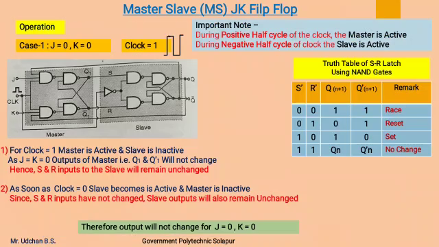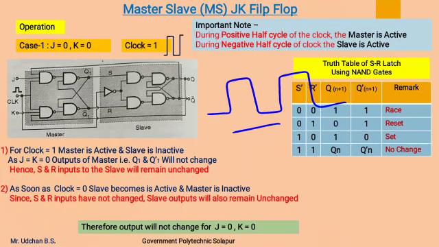Now we will see the operation of the master slave JK flip-flop, which is very similar to that of the level triggered JK flip-flop. We will see it one by one. In this we have to keep in mind that a clock input has a train of positive and negative clock pulses.